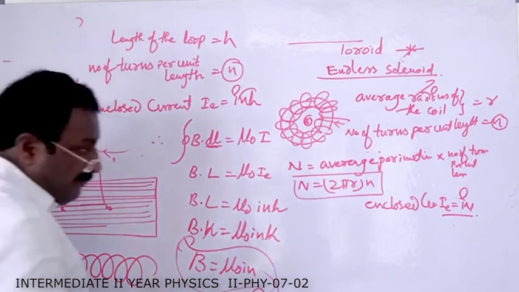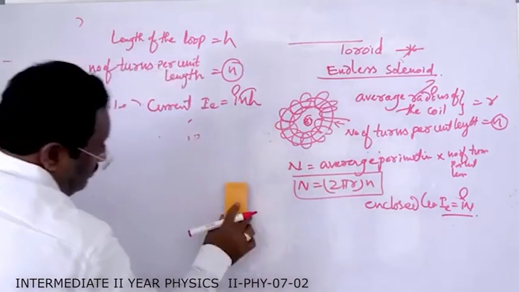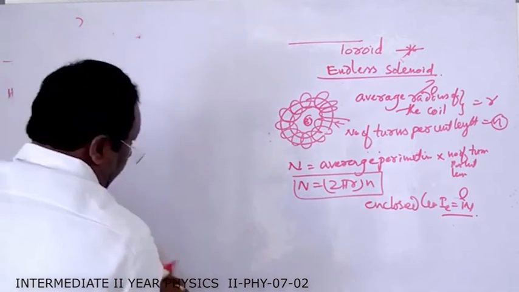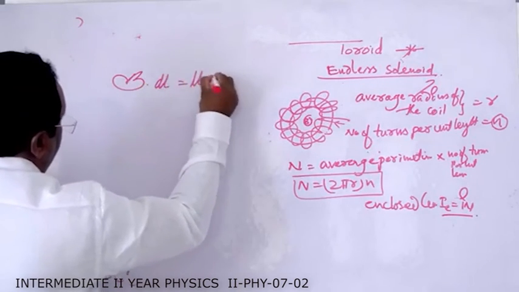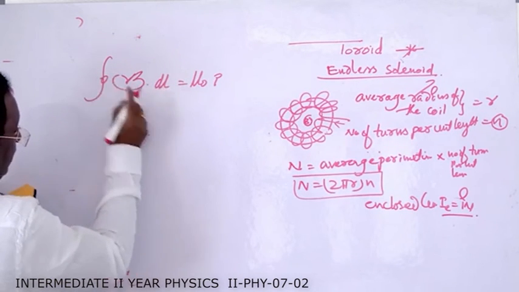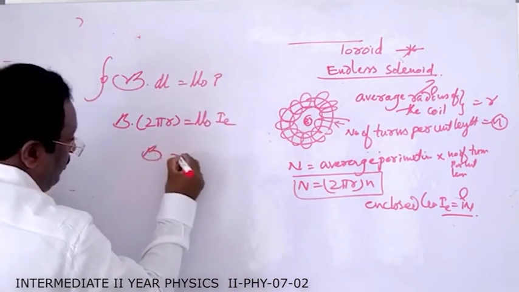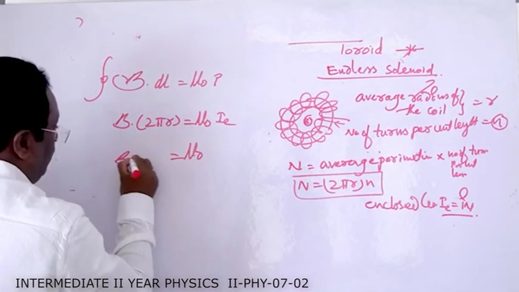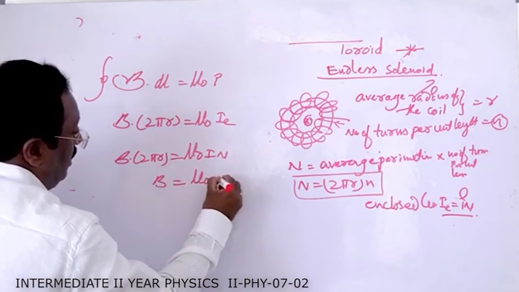Now, according to Ampere's law, the magnetic field produced in the toroid: the line integral of B dot dl, which is B times 2 pi r, equals mu naught times the enclosed current, which is I N. So B into 2 pi r equals mu naught I N. So B equals mu naught I N by 2 pi r.